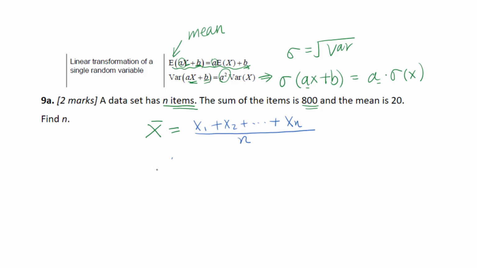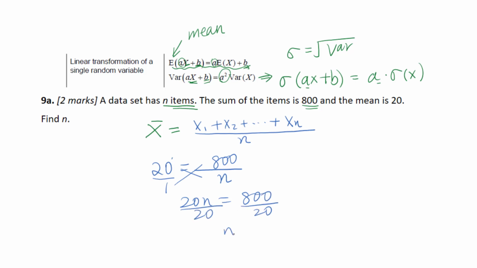Since we know the mean is 20, equals the sum of the items 800 over n, cross multiply: 20n equals 800, so n equals 800 divided by 20, n equals 40.